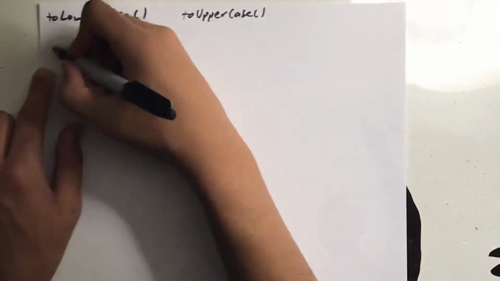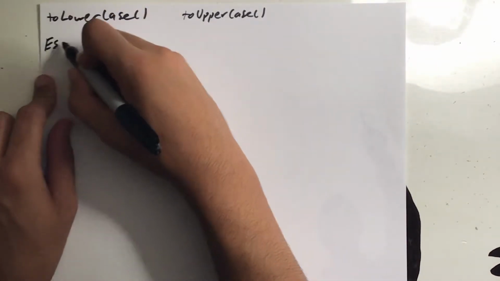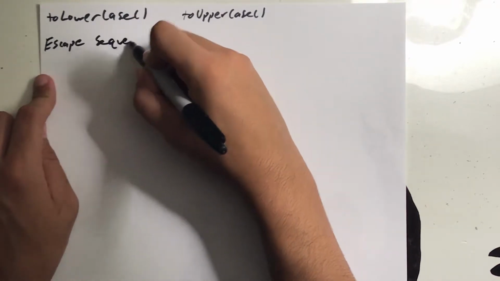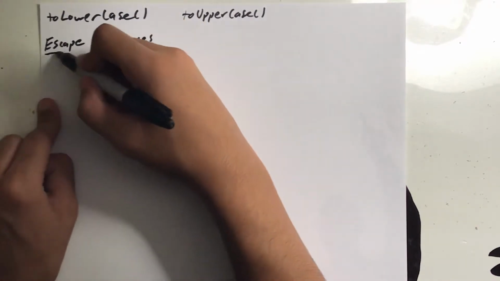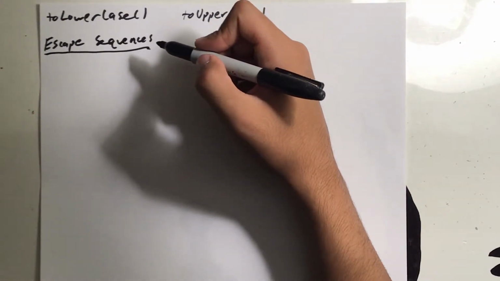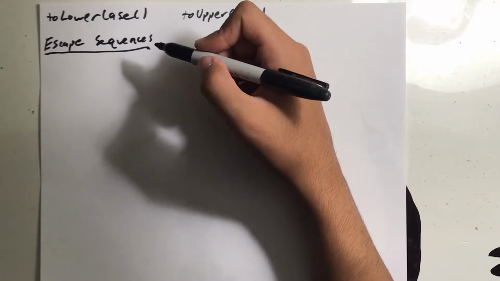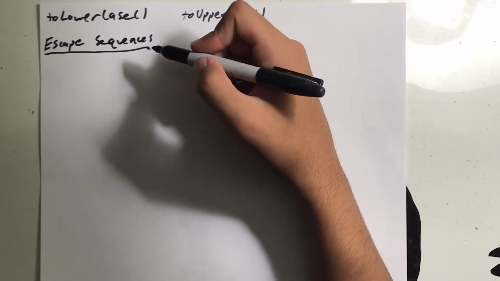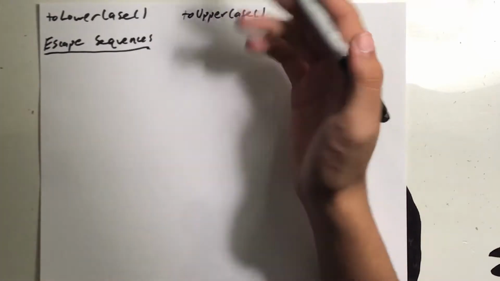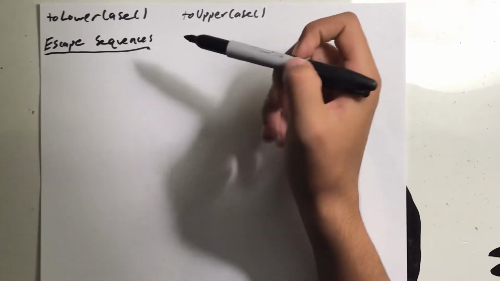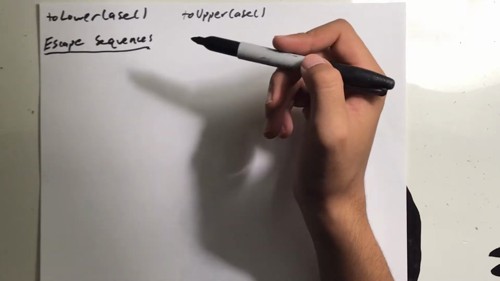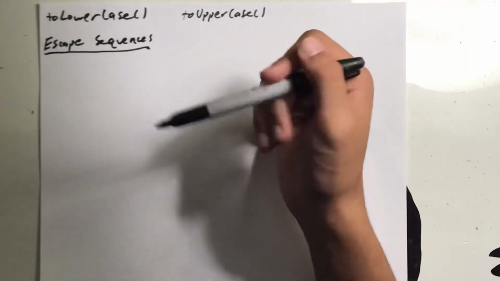Now we're going to go over escape sequences. Now this is important. You know how if you want to print a string, the quotations don't get printed? Let's say we do want the quotations to be printed. Well, how can we get those quotations to be printed? You use a thing called escape sequences. Escape sequences allow things that can't normally be printed in a string to be printed, such as the quotes.